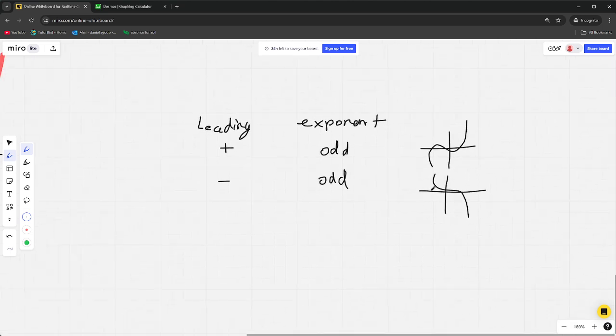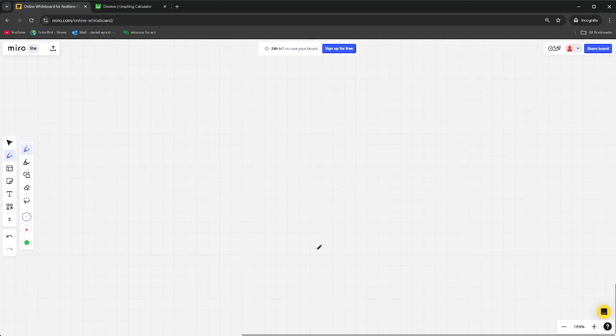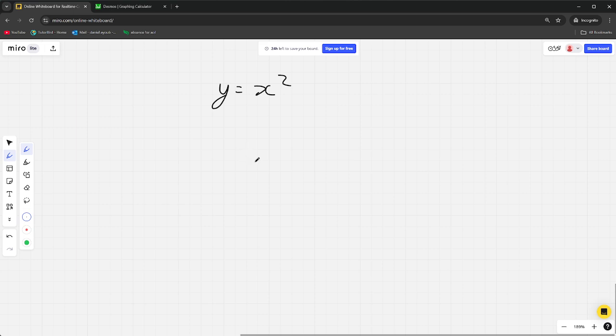What happens now when we start looking at even exponents? To illustrate this, we're going to look at our simplest even formula, which is y equals x squared. So y equals x squared is a quadratic, and it looks something like this. Why is this behavior different? Functions with an even exponent always point in the same direction.